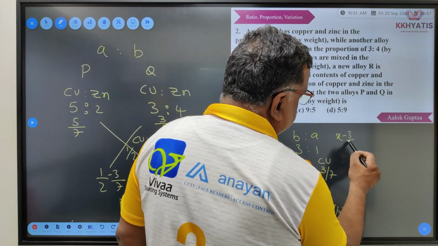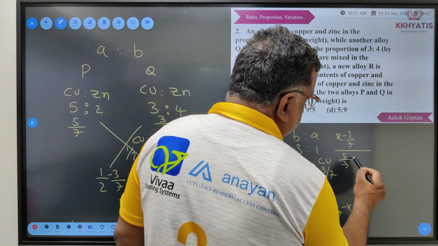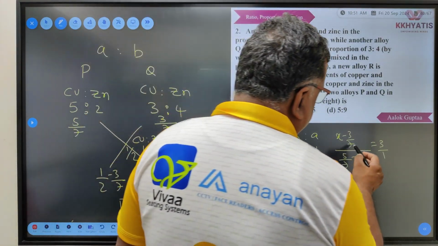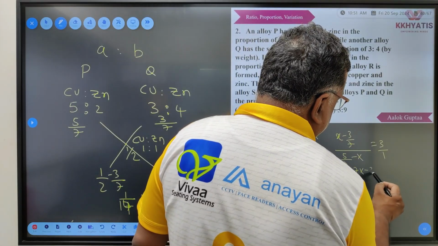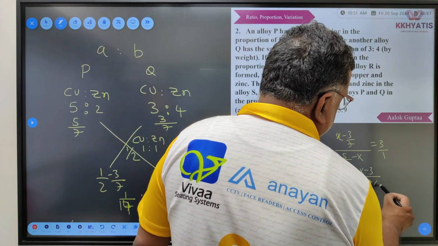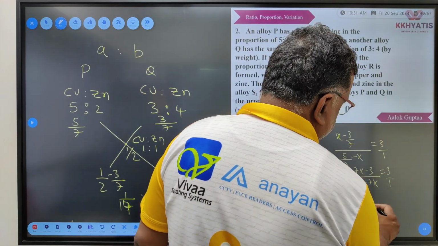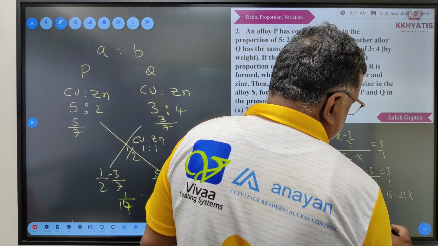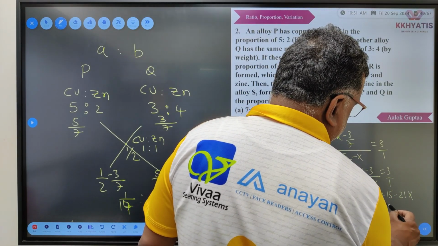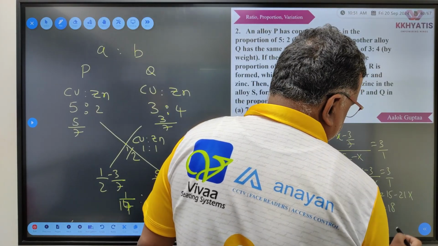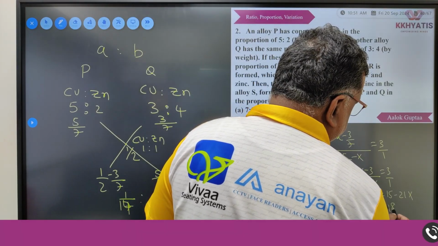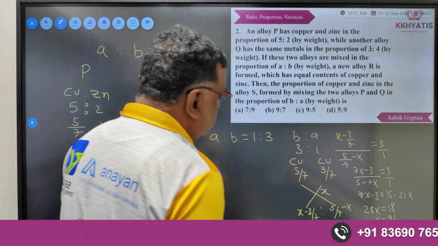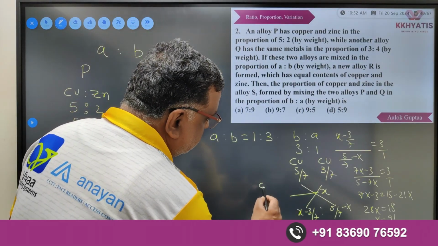So (X minus 3/7) upon (5/7 minus X) should be equal to 3/1, which means (7x minus 3) upon (5 minus 7x) should be 3/1, which means 7x minus 3 should be 15 minus 21x, which means 28x should be equal to 18, so x is 9/14.